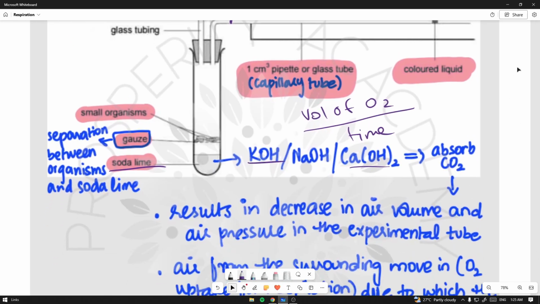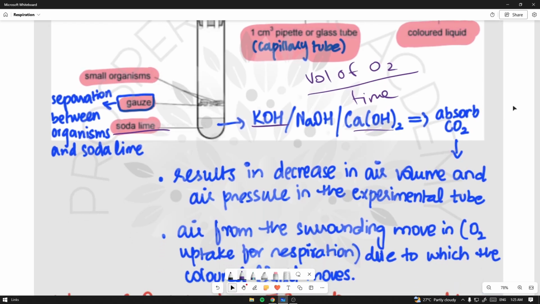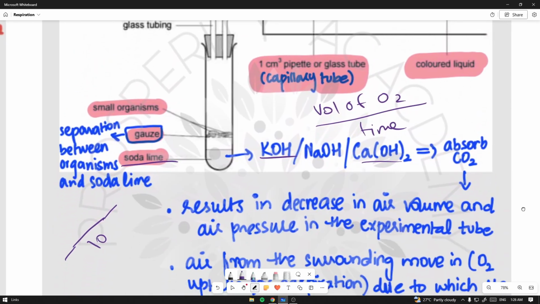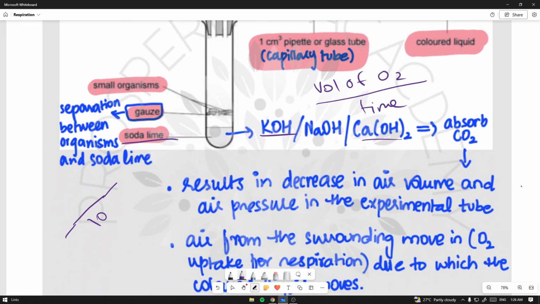Okay, now we're gonna find the rate of oxygen intake. So time was 10, and to find the volume, first find the area of the capillary tube. So it's gonna be pi r squared. Let's take the radius as 0.5. So pi times 0.5 squared times 15, and this is also in millimeters, by the way.